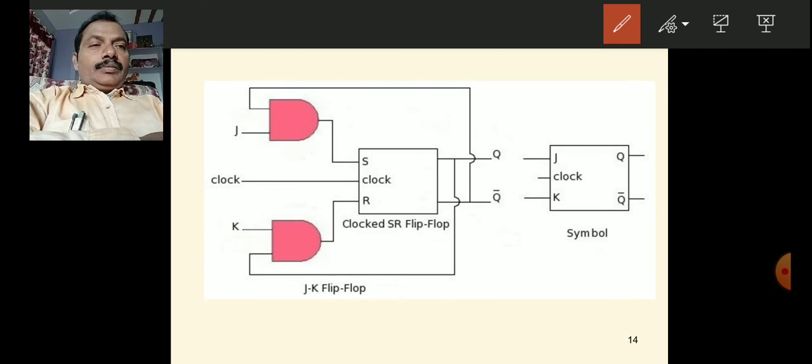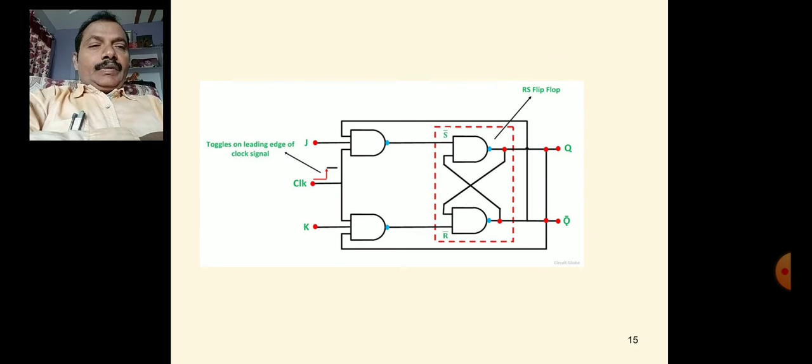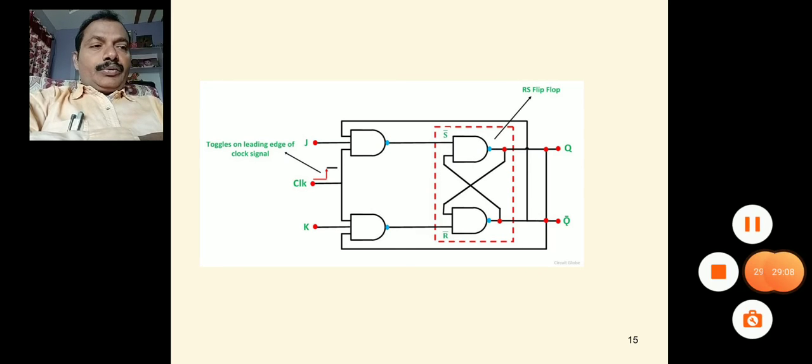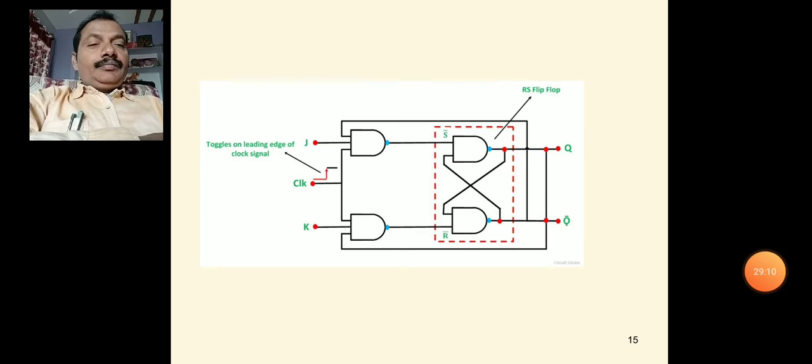Now let us see the JK flip flop using NAND gates only. This is a widely used diagram. You have to learn this from the examination point of view. Now the circuit is shown here.